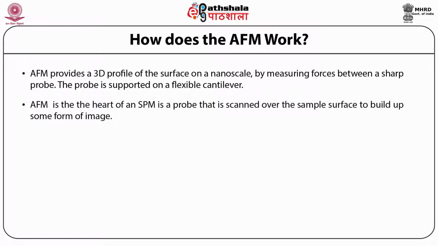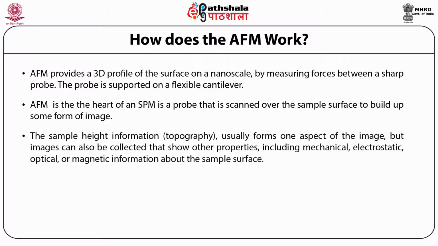At the heart of an SPM is a probe that is scanned over the sample surface to build up an image. The type of image you get depends on the interaction that is measured by the probe. Images can be produced that reflect many different properties of the sample.